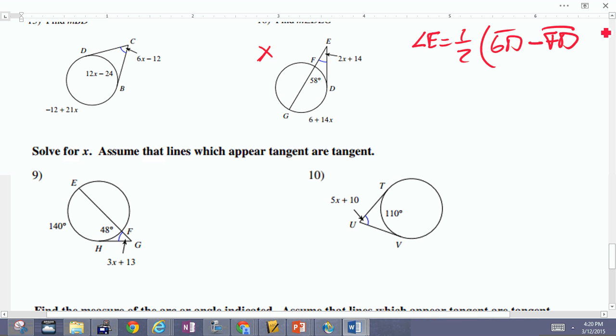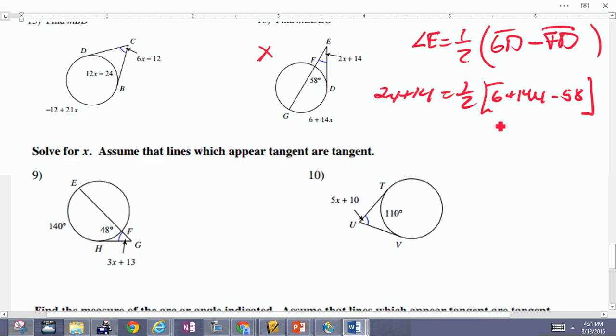Let's put in the pieces that we have. Angle E is labeled as 2x plus 14, equaling 1/2 of GD, which is labeled as 6 plus 14x, and FD is 58, so minus 58.